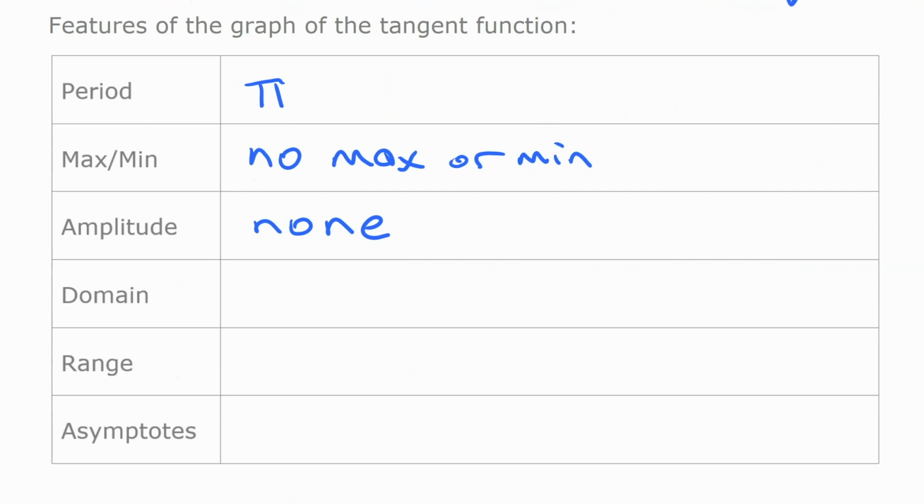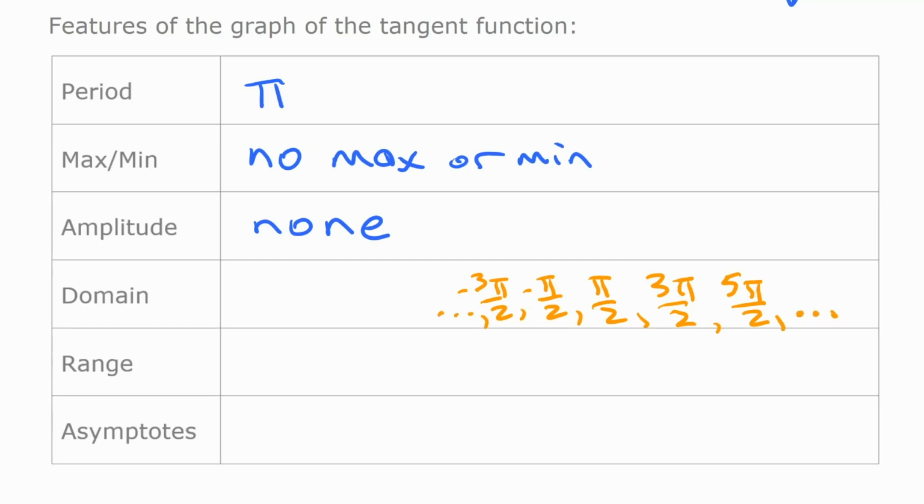So you could write a list for those if you want. You could say negative 3 pi over 2, negative pi over 2, pi over 2, and so on, writing enough down so you can see the pattern. Maybe I'll put dot, dot, dot there, and this way as well. But it's better if you can write an expression for these rather than a list that goes infinitely long.